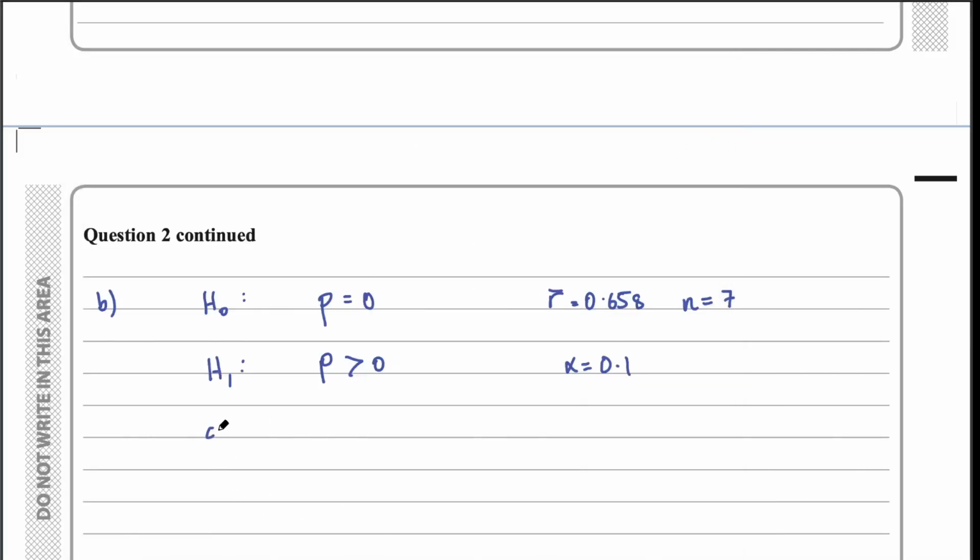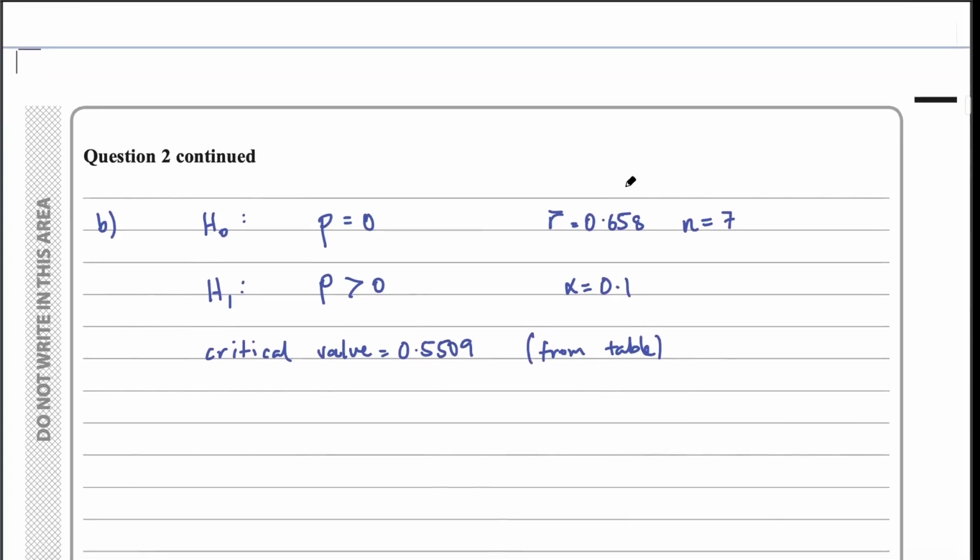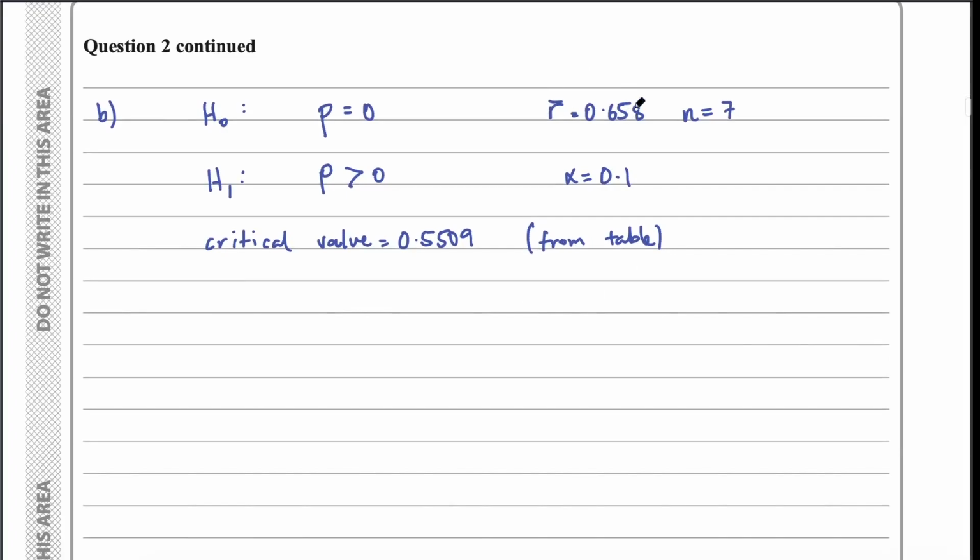So we can write that down. Our critical value equals 0.5509. And now all we need to do is to compare that to our sample coefficient. So I might just indicate that I got this from the table. And then we can see, well, this sample coefficient is larger than our critical value.